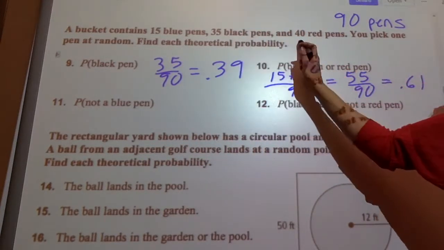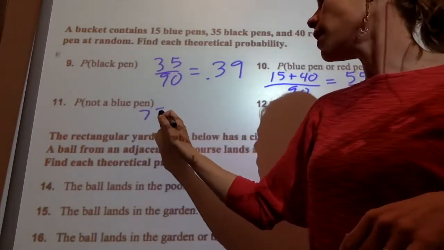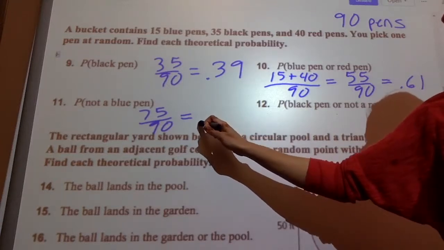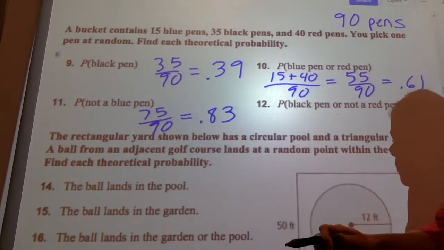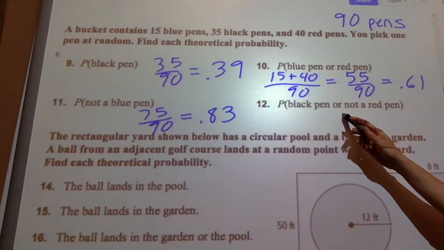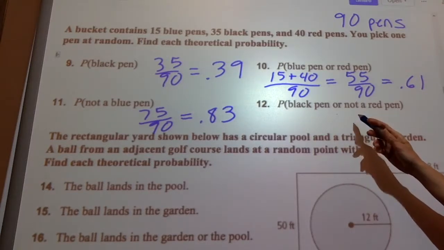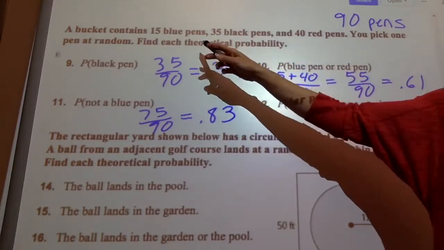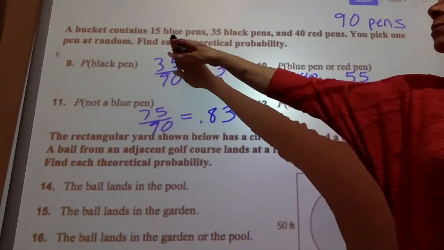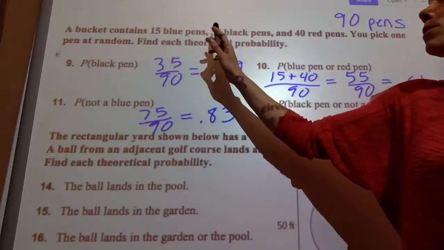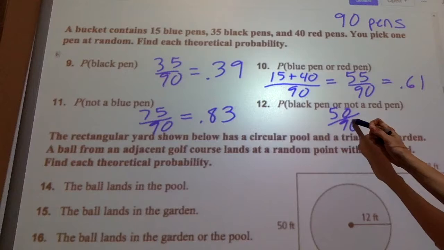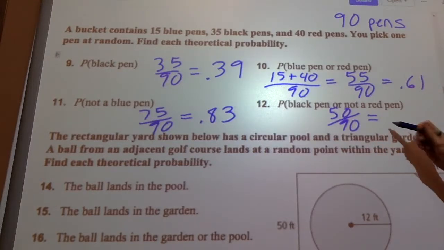So 35 plus 40 is 75 out of 90, which is what in decimal? 0.83. How about black pen or not a red? What does that mean? Blue, right, not red would be, take that out, so what's left? The blue. So that'd be the 15 blue, the 35 black, which would be 50 out of 90, which is what in decimal? 0.56. Good.